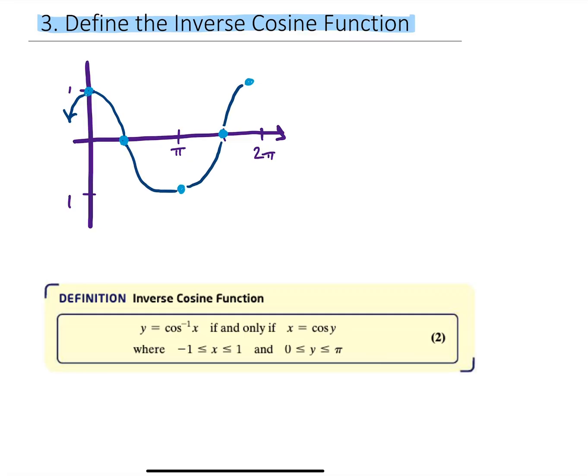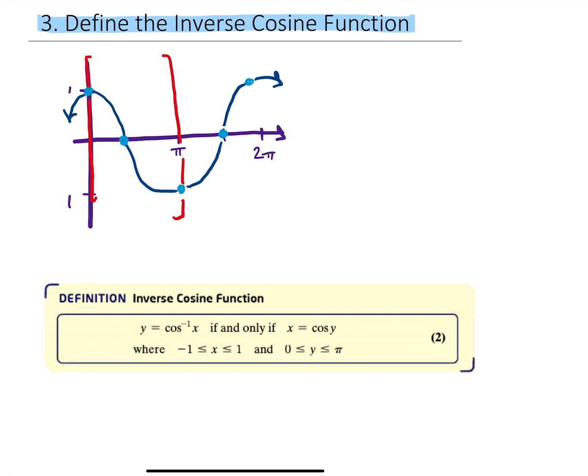Kind of a rough cosine here, but that's okay. So similarly, and this continues in both directions, and it fails the horizontal line test infinitely many times. We could also slice this up in many different ways, but the common reduced domain is from 0 to pi.